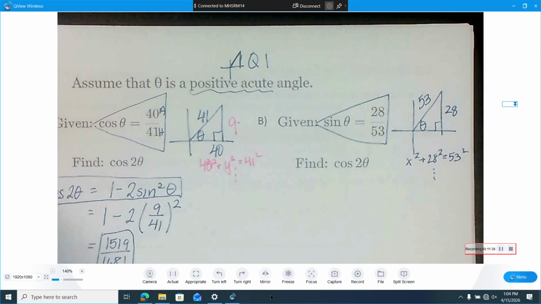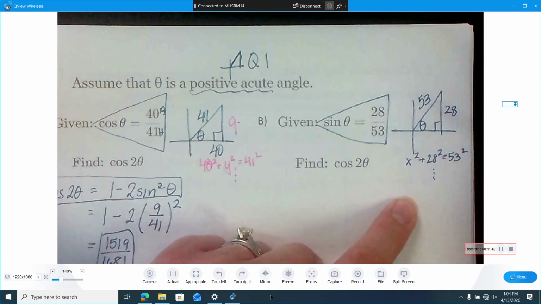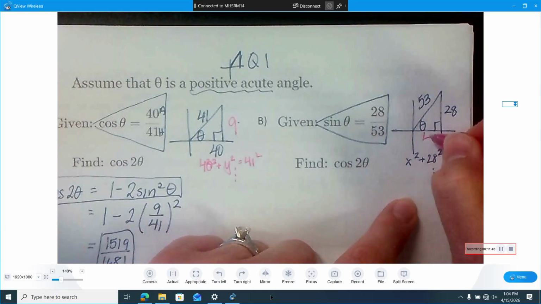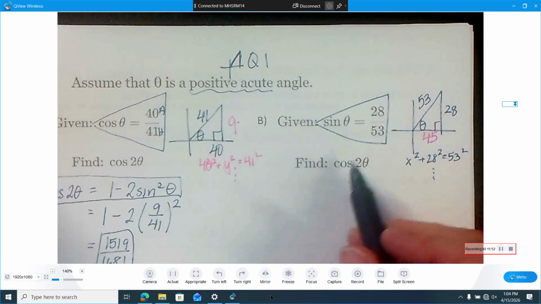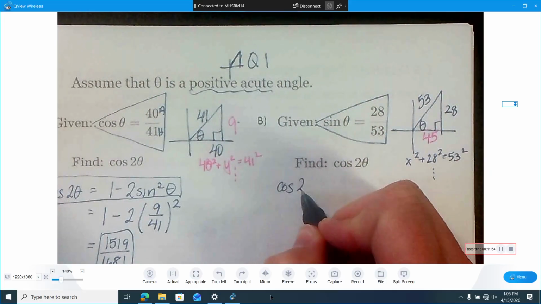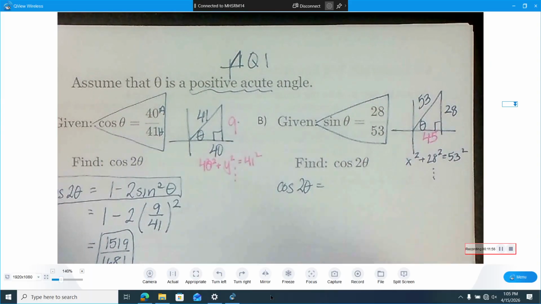Will you take a moment and tell me what that side is? 45, thank you. That is what I have in microprint on my paper. Okay, 45.